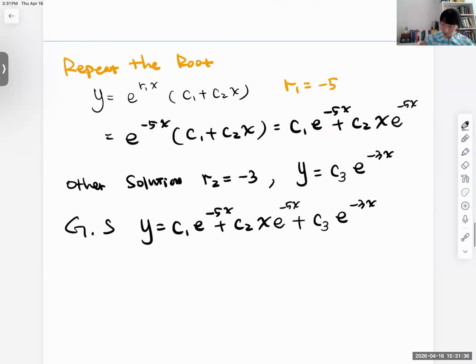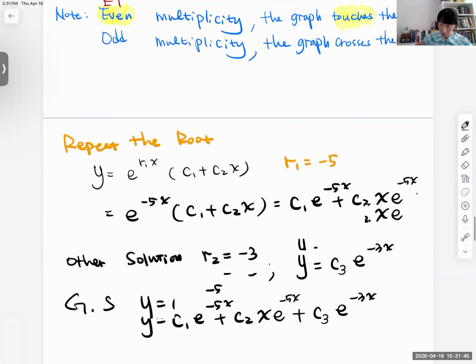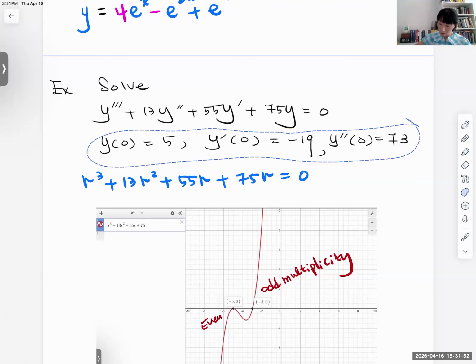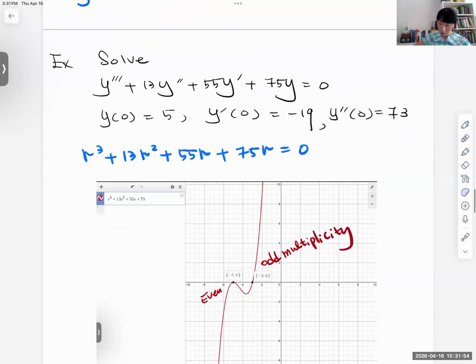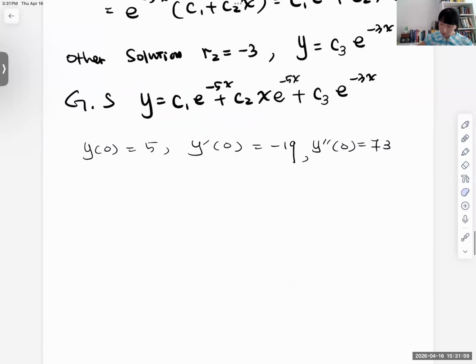Okay, now y prime. Hold on one second. I need to bring the initial value, right? So y of 0, so x equal to 0.